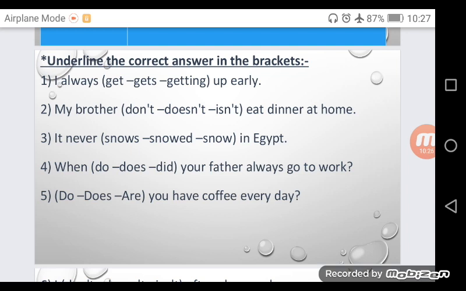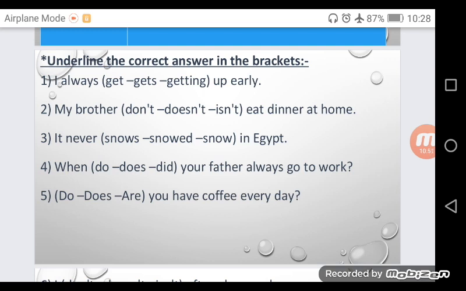Number 3, it never snows, snowed, snow in Egypt. Here we have the subject it, singular. So we are going to choose snows. This sentence is in the negative form, although we don't have not, because we have never. With never, we use the verb in the affirmative form.